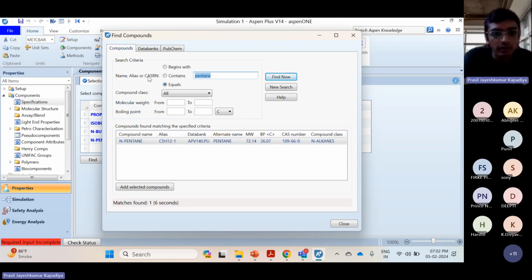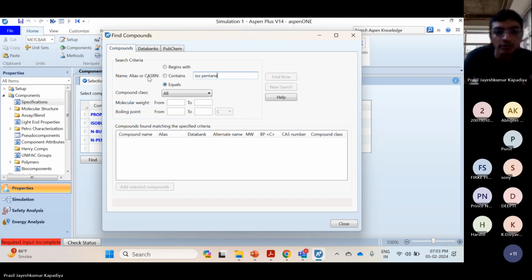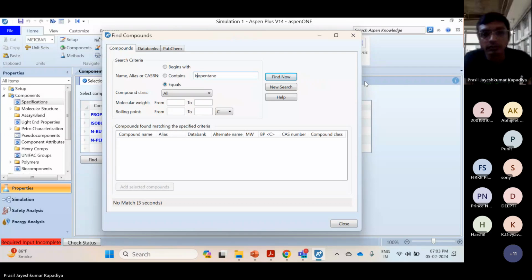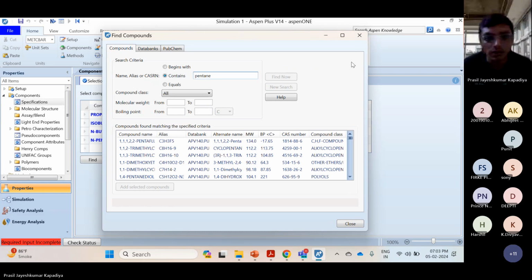and isopentane. It's not showing isopentane. Okay, let's search isopentane.